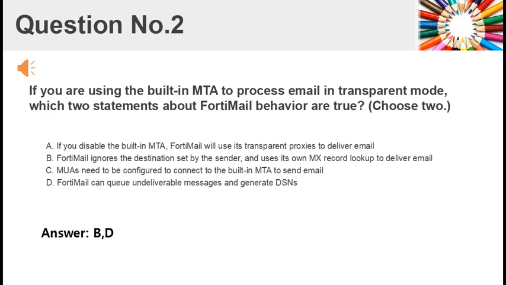B. FortiMail ignores the destination set by the sender, and uses its own MX record lookup to deliver email. C. MUAs need to be configured to connect to the built-in MTA to send email. D. FortiMail can queue undeliverable messages and generate DSNs. Answer: B, D.